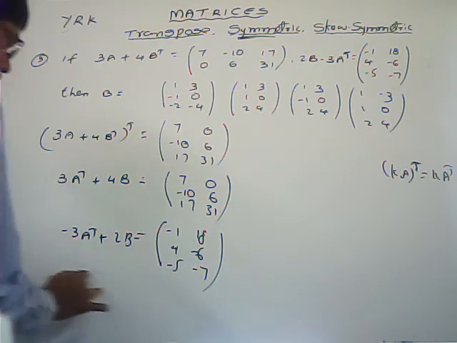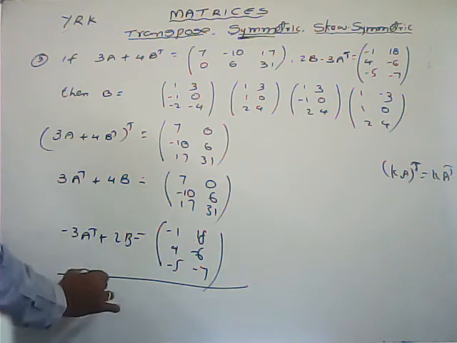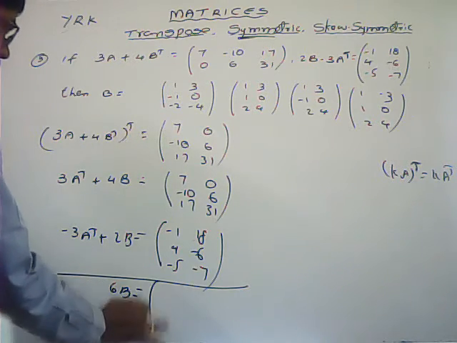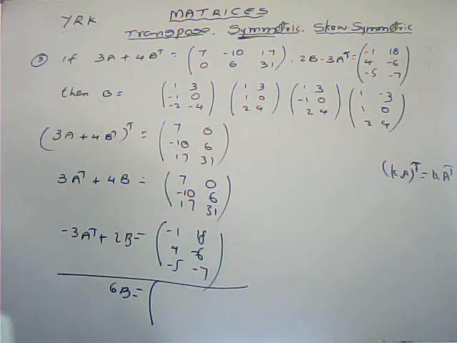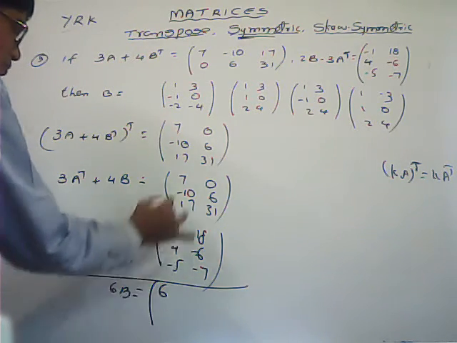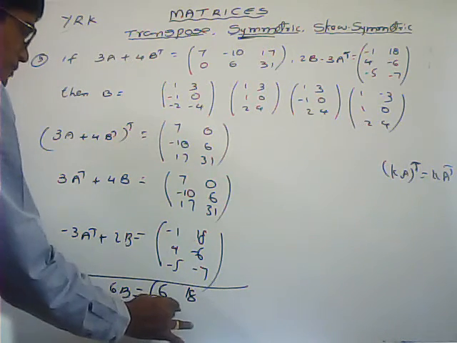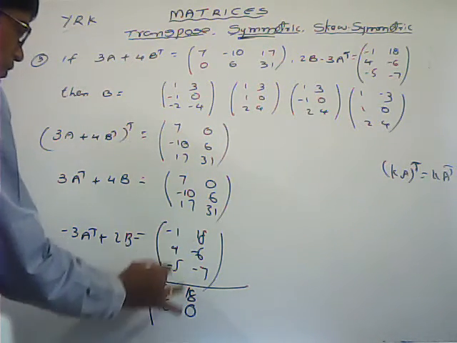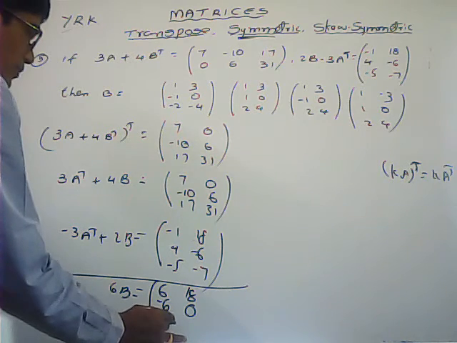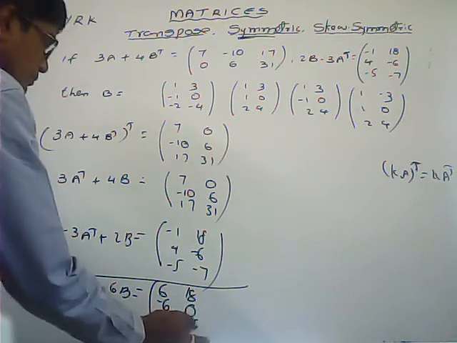How to eliminate that one? By adding these two matrices, plus 3A transpose minus 3A transpose, both get cancelled. 4 plus 2, 6B is equal to: by adding the corresponding elements, addition of two matrices, we have to add the corresponding elements only. 7 minus 6, that is 6, 7 minus 1, that is 6, 18, minus 6, 0, 12, this is 24.